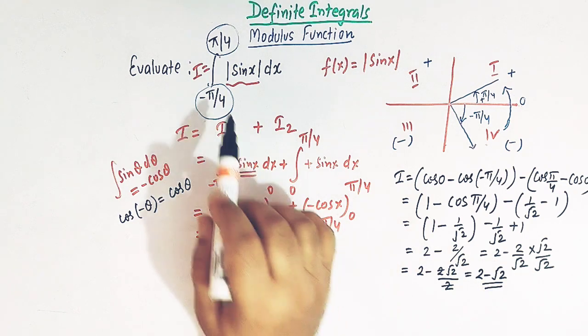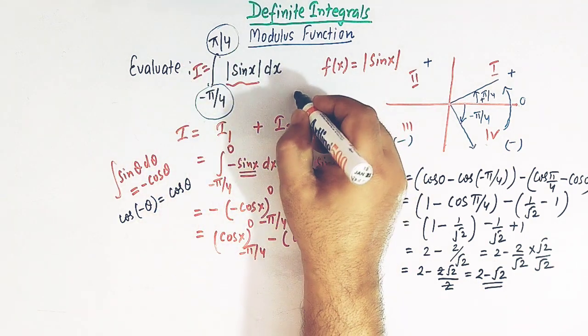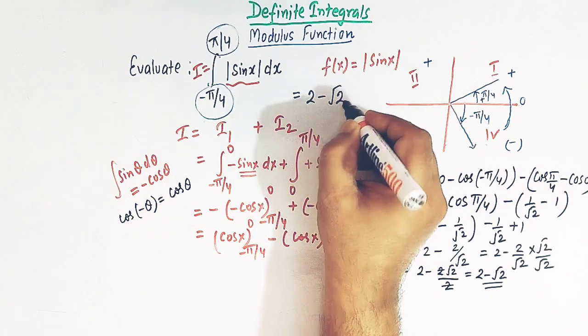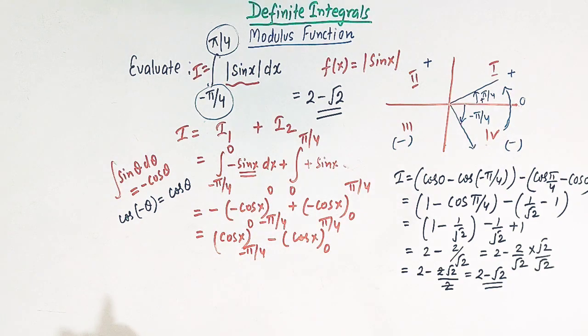So the value of this integral is equal to 2 minus square root of 2. Viewers, this is how, by making use of some simple concepts from trigonometry, we can evaluate these types of definite integrals.